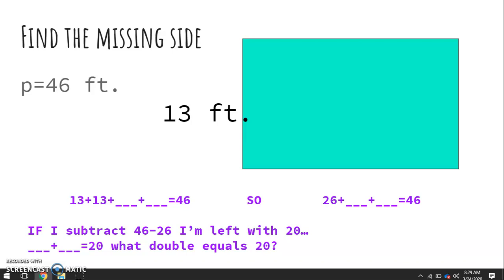So if we combine those two 13s, we'll have 26 plus blank equals 46. Trying to figure out those blanks. If you go ahead and subtract 46 take away 26, you're left with 20, which means blank plus blank equals 20. What double equals 20? The answer is 10.